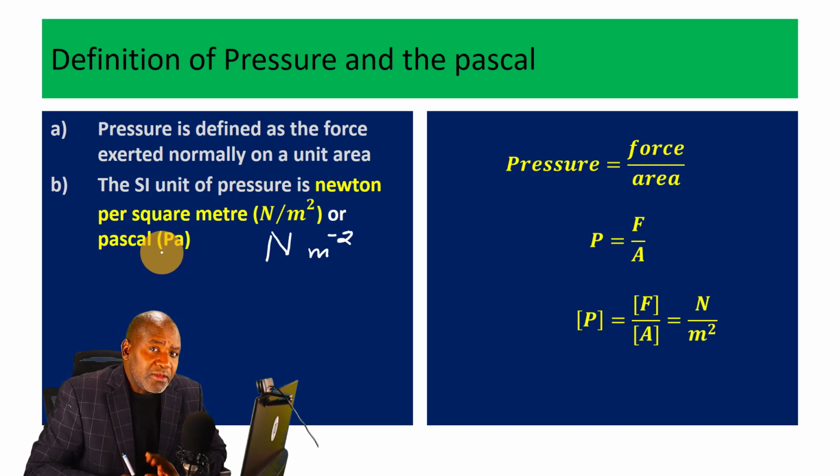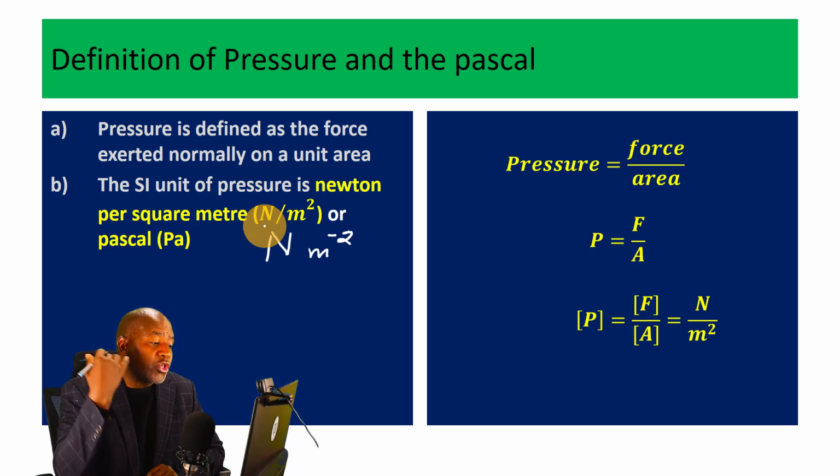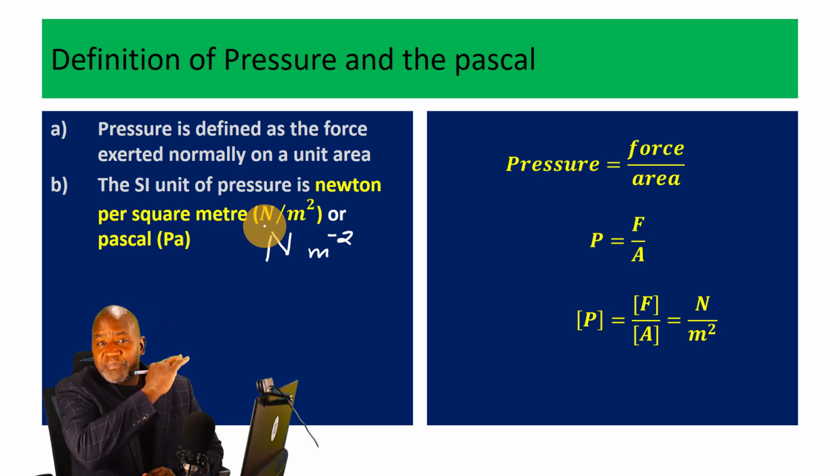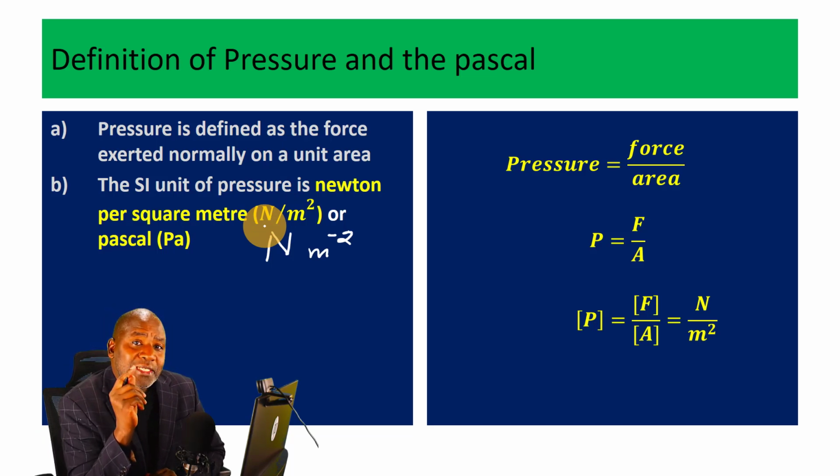I'm emphasizing this because I observed that several students did not get what I was talking about when I was talking about Newton, abbreviated with uppercase N, and the word Newton written such that it starts with lowercase n.